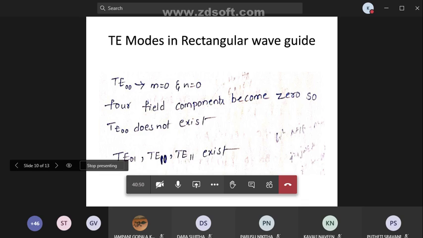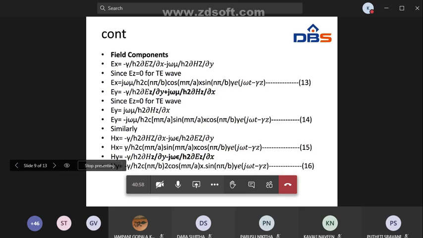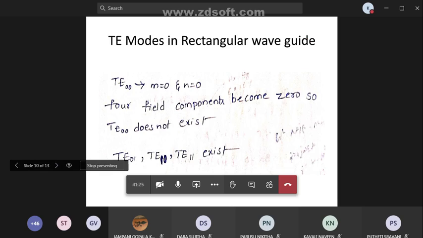Here, if m equal to 0 and n equal to 0, substitute m equal to 0 and n equal to 0 in these four field components, Ex, Ey, Hx, Hy. Then you will get the four field components become 0. So TE 0,0 does not exist.